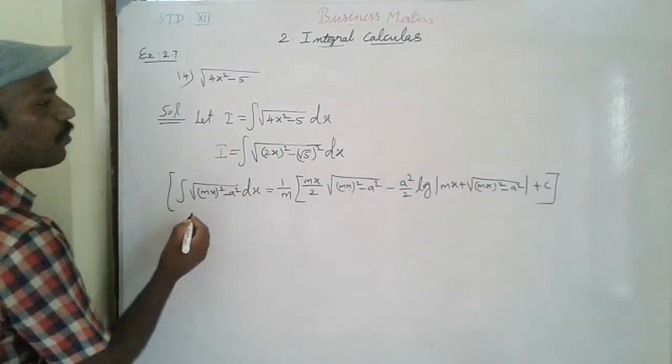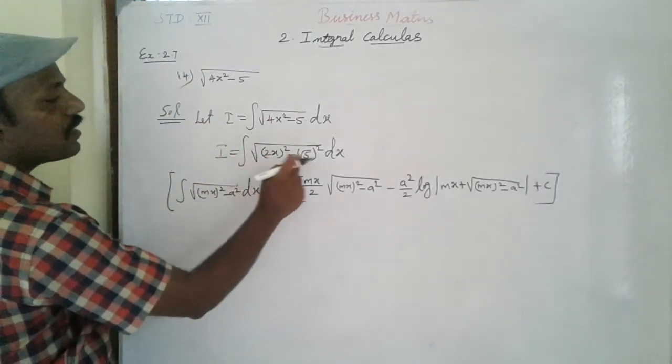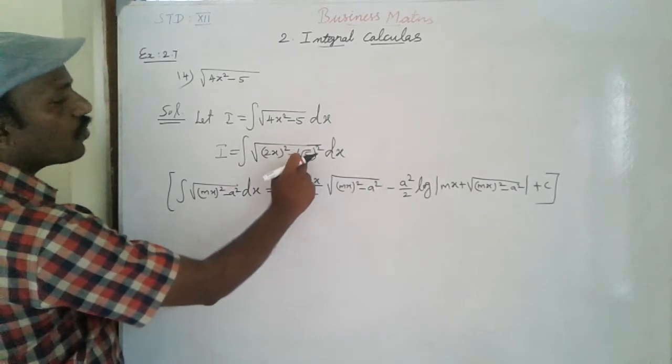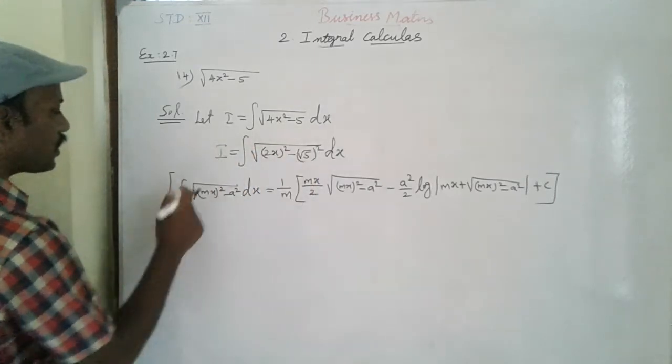So we should substitute this formula. Mx is what? 2x. A is what? Root 5. So m is 2. We should substitute here.